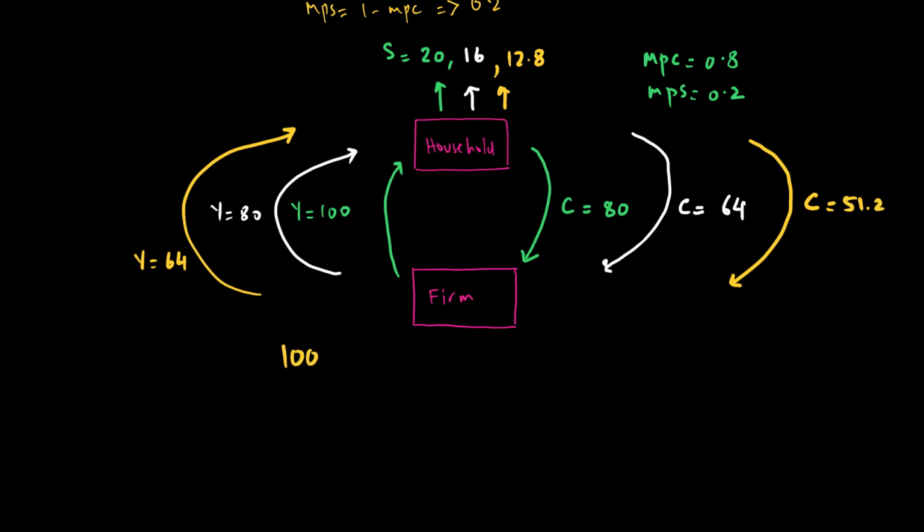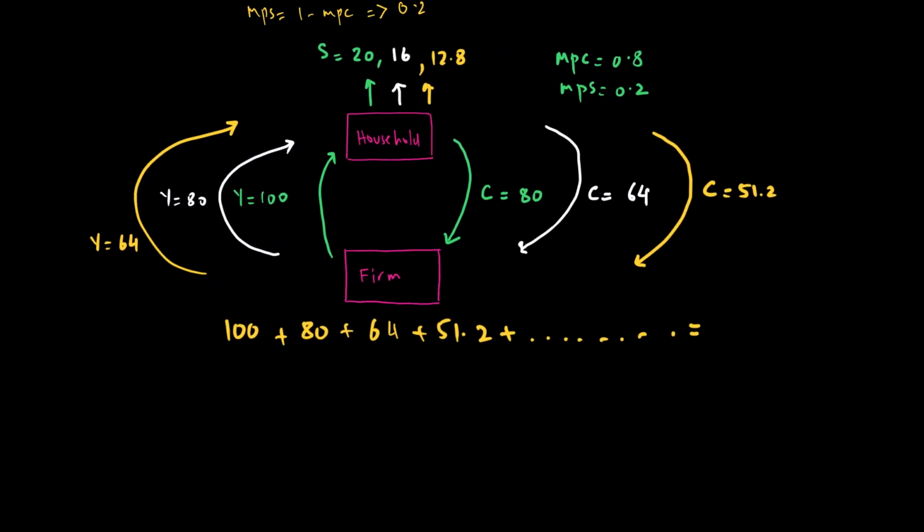So if I add 100 plus, for example, 80 plus 64 plus 51.2 plus all the other incomes that will follow till it goes to 0, you will find your single 100 income will lead to your GDP, or change in Y, to be equal to 100 times the multiplier, which is 5, or 500.